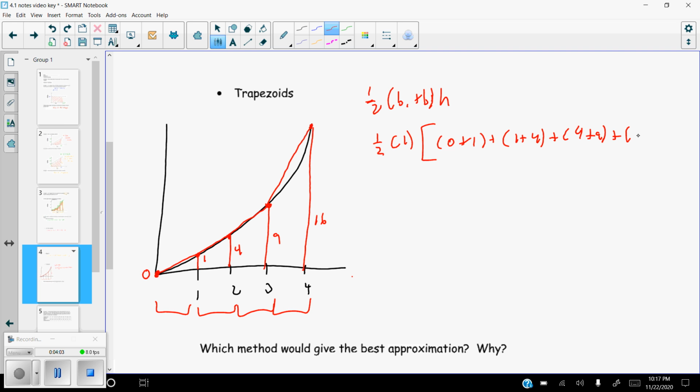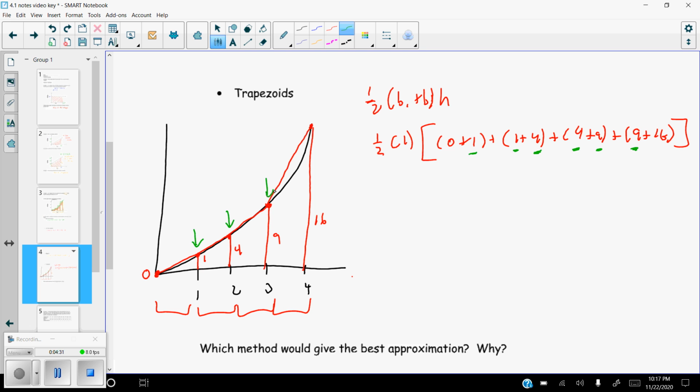And the last trapezoid will be 9 plus 16. So what I'm hoping that you can see is that this base, which is this one right here, gets counted twice. This base, which is right there, gets counted twice. This base, which is right there, gets counted twice.